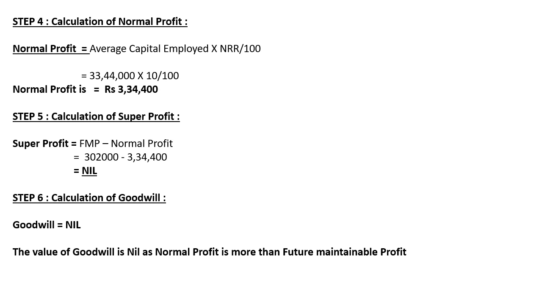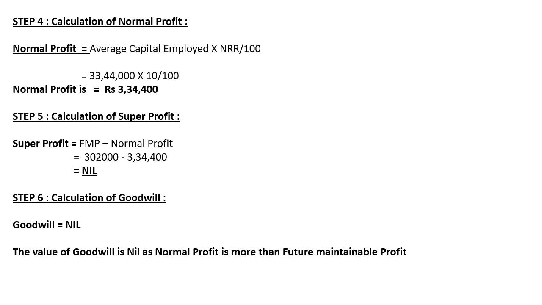Similarly, when you calculate your goodwill, when we are not having any profit, how will the goodwill be there? So your goodwill will also be nil. Simply write goodwill nil, as normal profit is more than future maintainable profit.